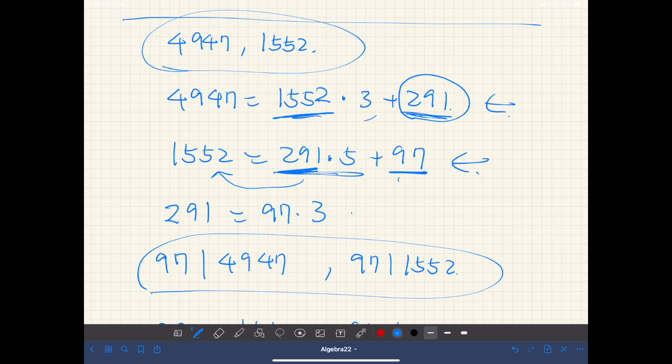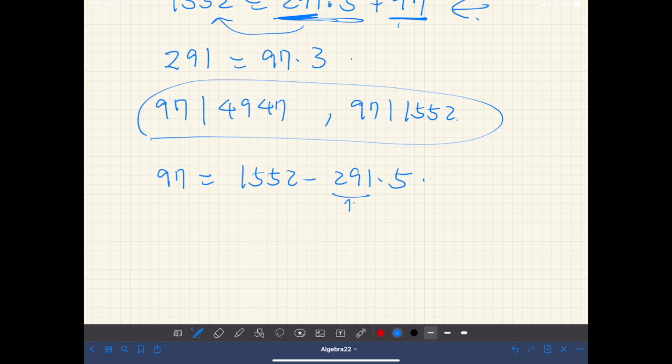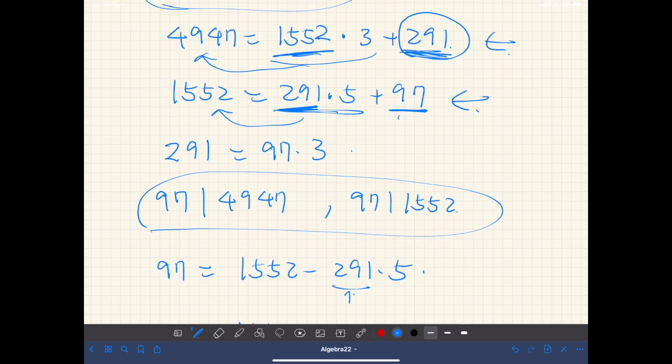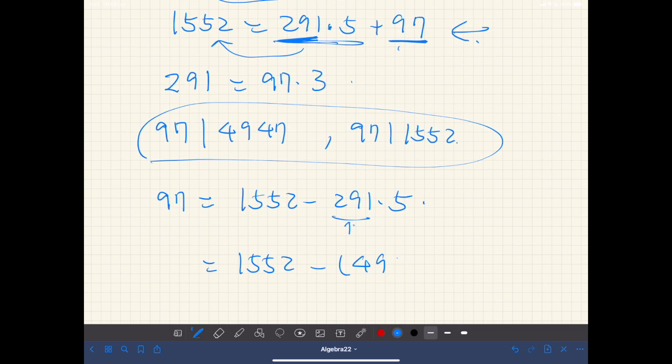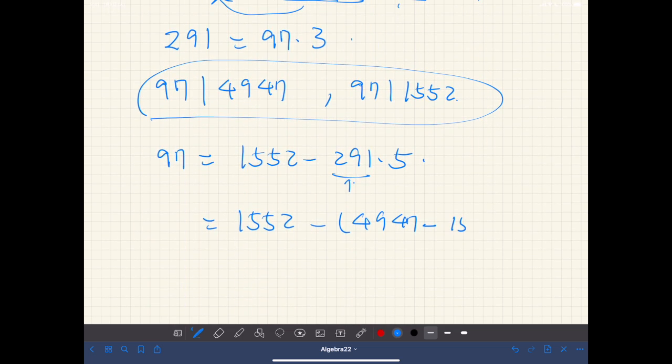So moving everything to the left hand side, we can get rid of 291 from this equation. That is 4,947 minus 1,552 times 3.